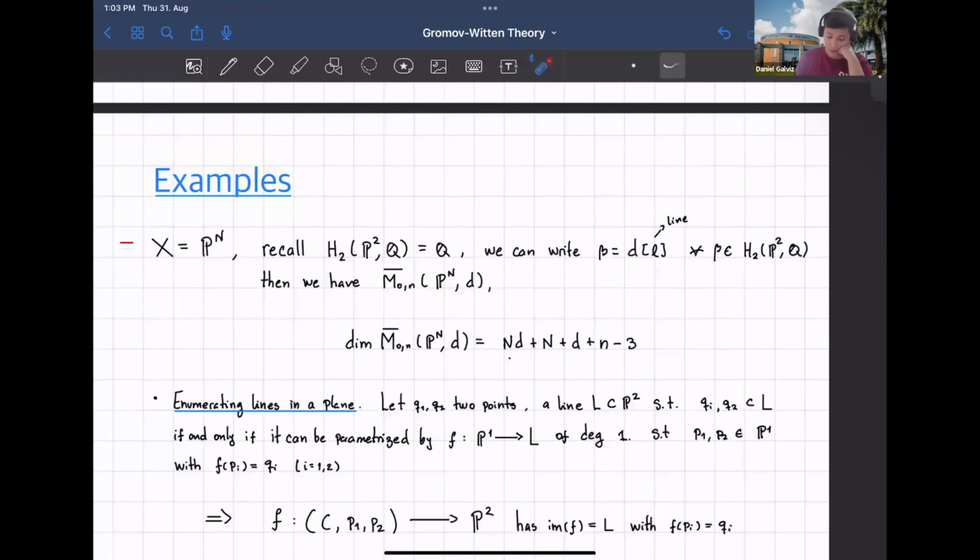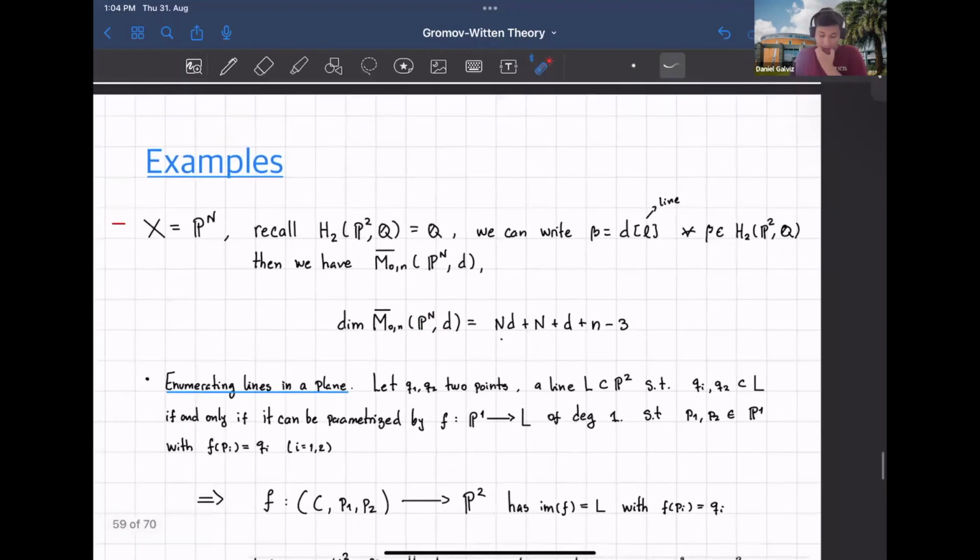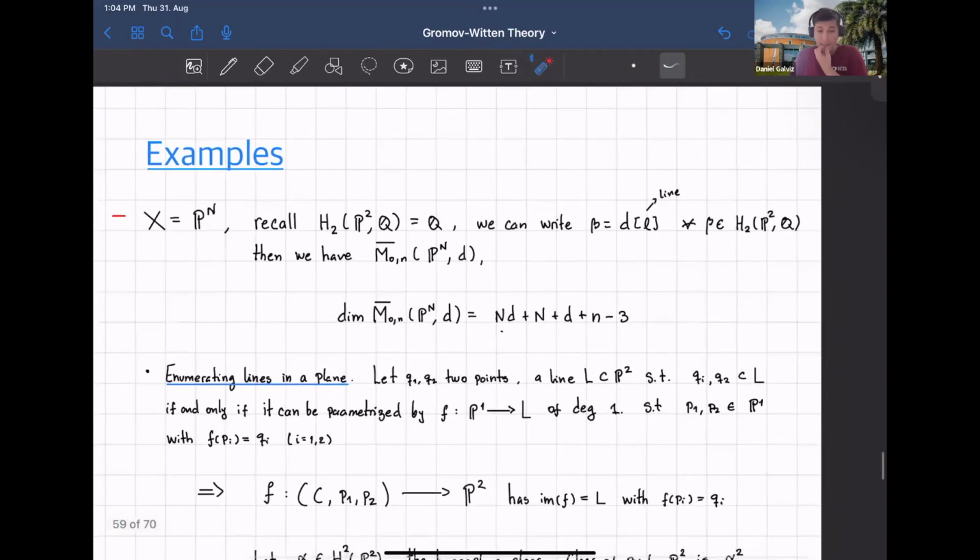Then we can show that the dimension of this moduli space is (d times (N plus 1)) plus N plus n minus 3, hm, d plus N. Capital N is the dimension of our projective space, but lowercase n is the number of marking points, and this is related with our projective space.